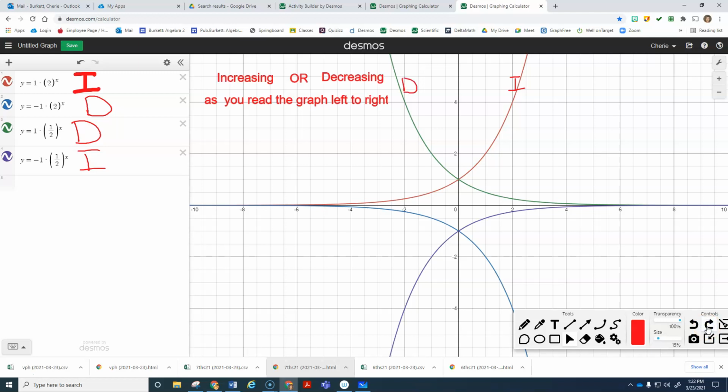Here we can see that the green one is decreasing. The Y values are getting smaller. Here's another example of decreasing. The blue one is decreasing because the Y values are getting smaller and smaller as you move along the x-axis. And then the purple one is increasing as you move from left to right. The Y values are going up. They're getting bigger.